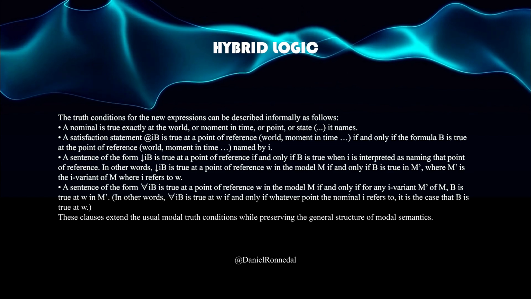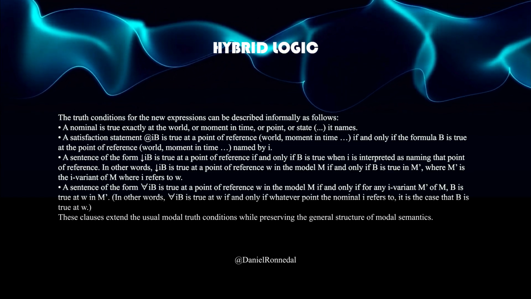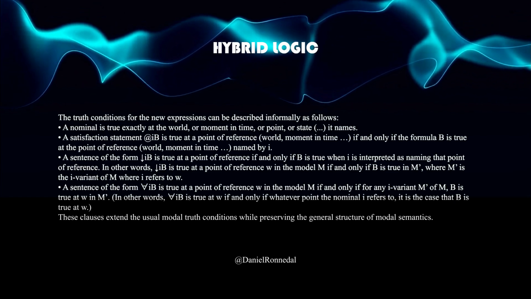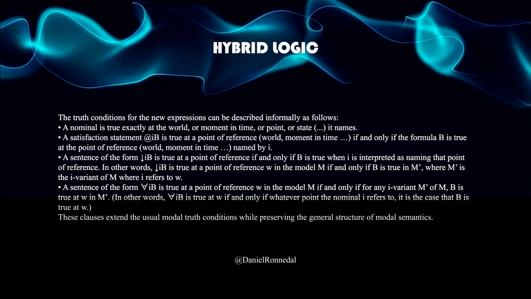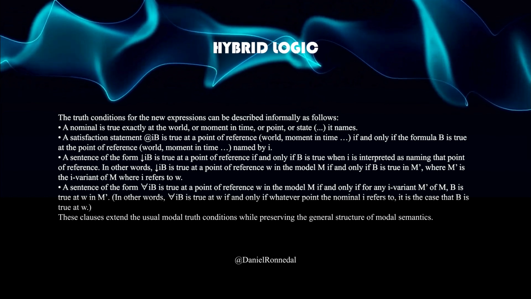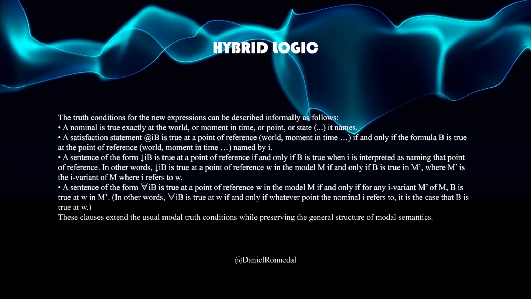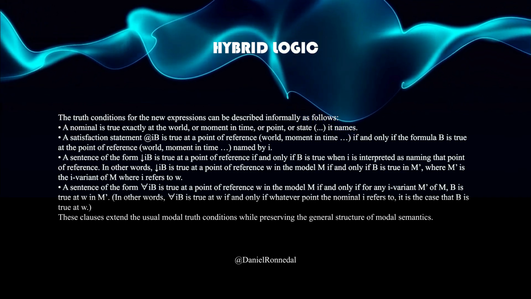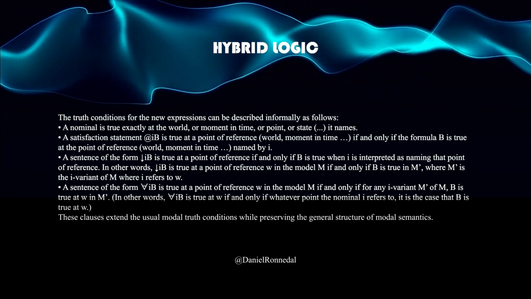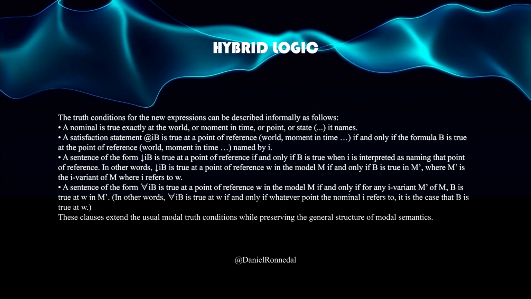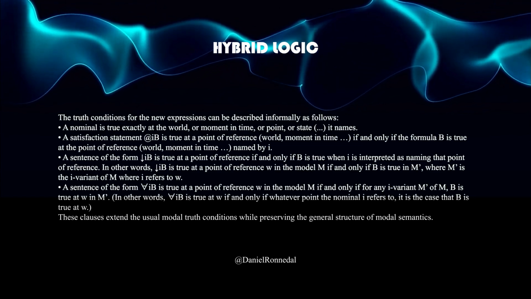In other words, down arrow I, B, is true at a point of reference W in the model M if and only if B is true in M', where M' is the I variant of M, where I refers to W. A sentence of the form for all I, B, is true at a point of reference, W, in the model M, if and only if, for any I variant M' of M, B is true at W in M'. These clauses extend the usual modal truth conditions while preserving the general structure of modal semantics.